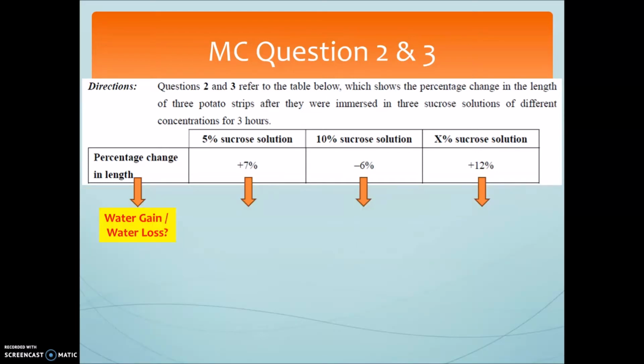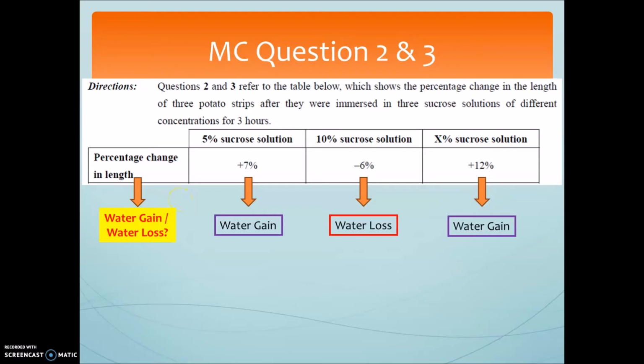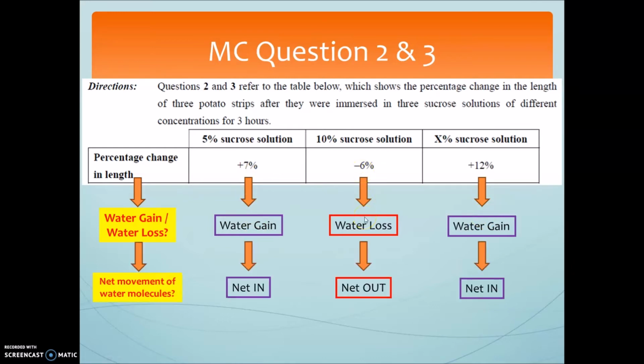So we go to the analysis part. The percentage change in length, as I mentioned, is about water gain or water loss. We have positive values and a negative value. A positive value means there must be a water gain, and a negative value is water loss. What does it mean? It means the net movement of water molecules is entering the cells or leaving the cells.